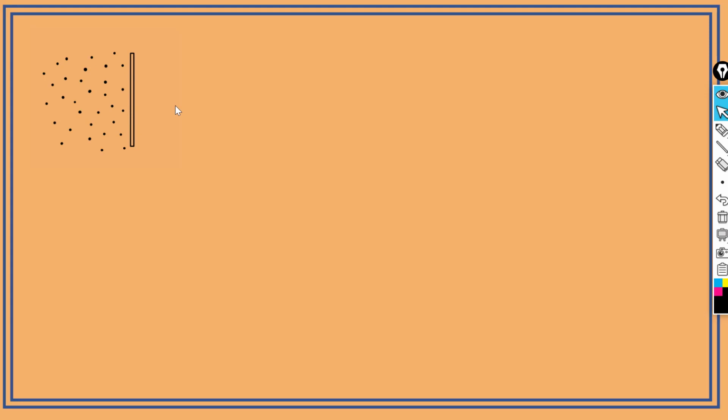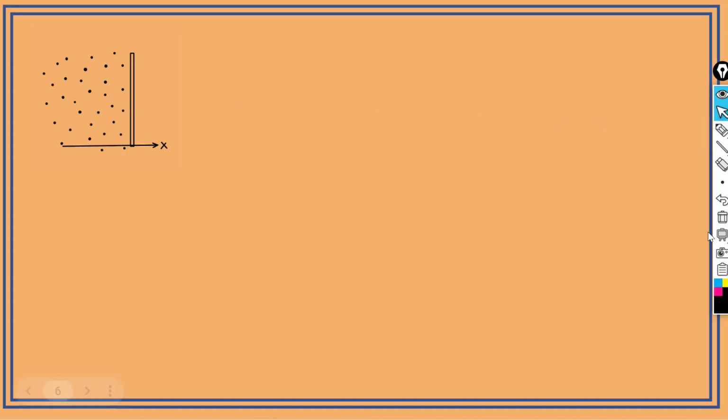This is our x-axis on the right side, so only the x component of the velocity of the gas molecules matters.